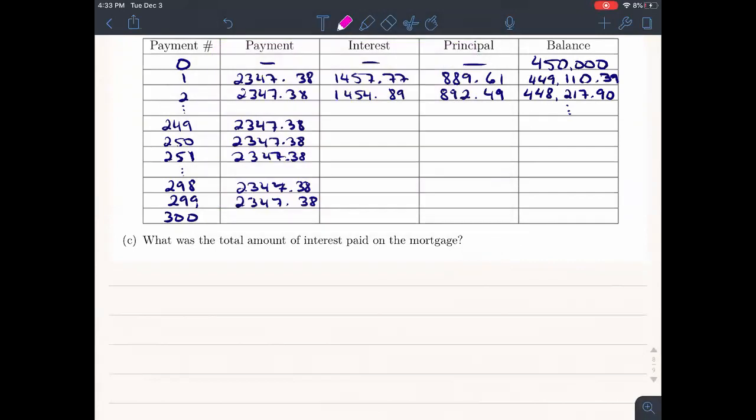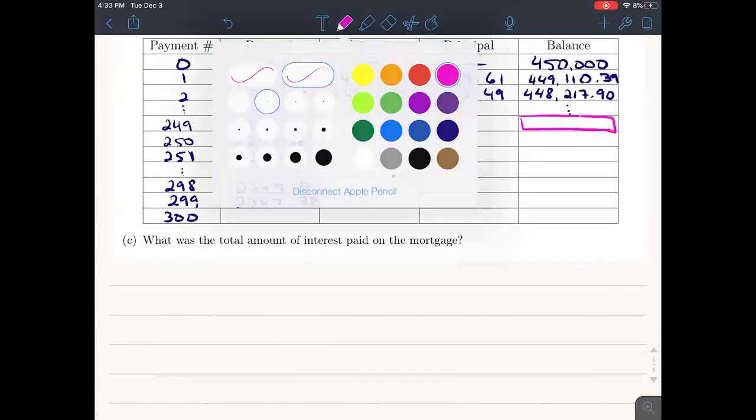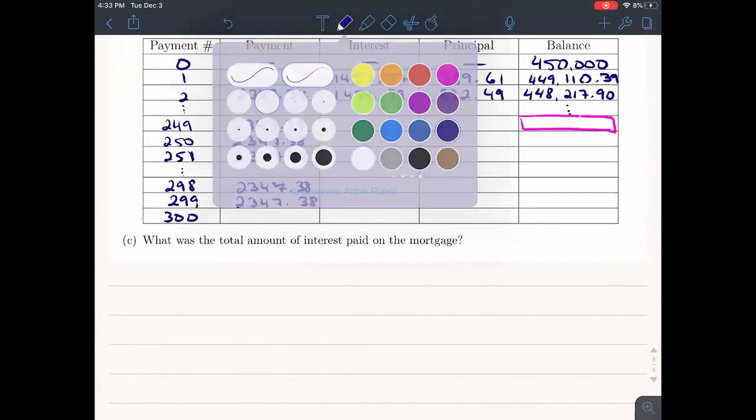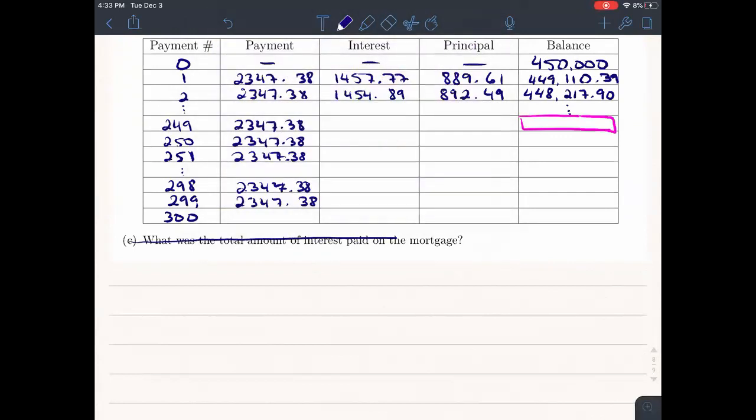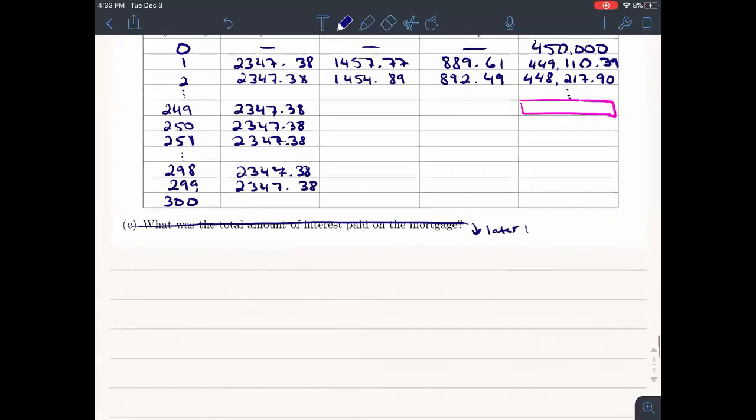We did this before, but it doesn't hurt to do it again. I just crossed out part C because we're going to do it later.